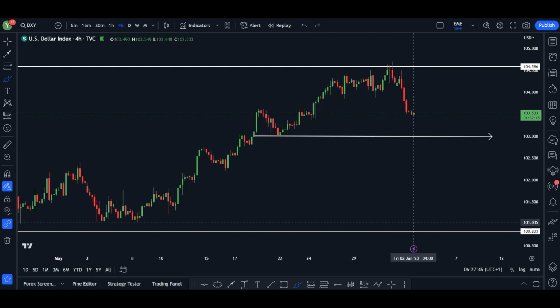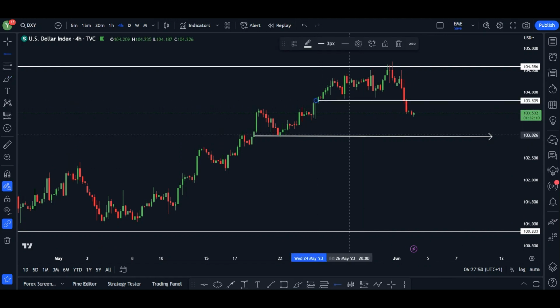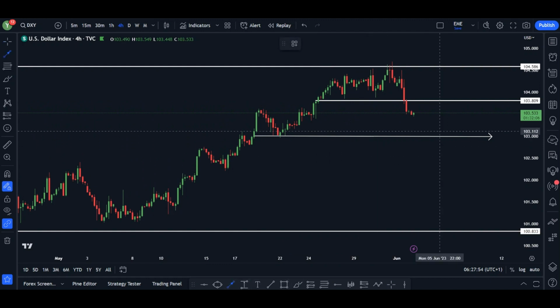I'll throw in the line for a retrace to this level here before we start seeing some major drops from this high all the way to the downside.